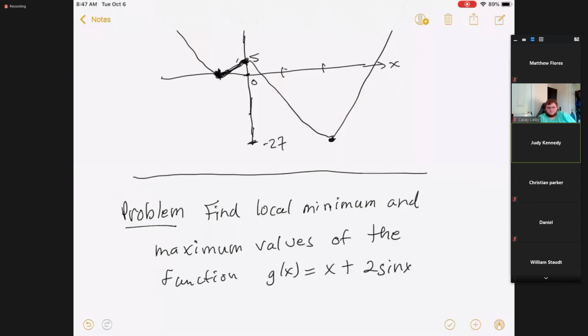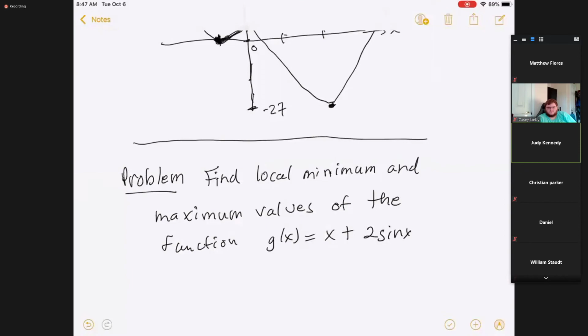And actually, that function has domain all the reals, but let's cut it down at least to start with to just one interval.